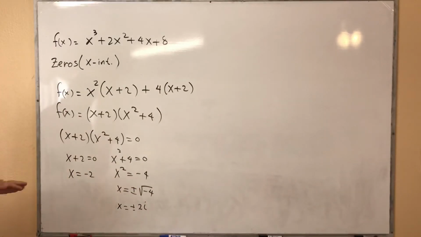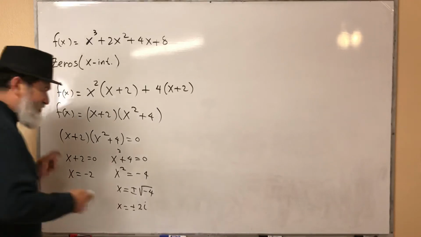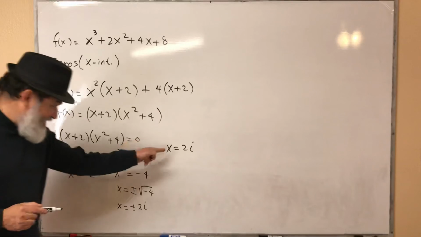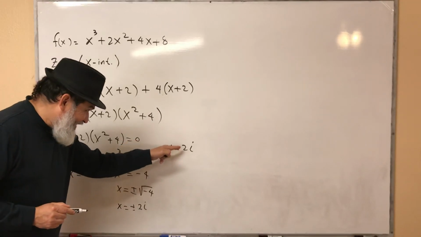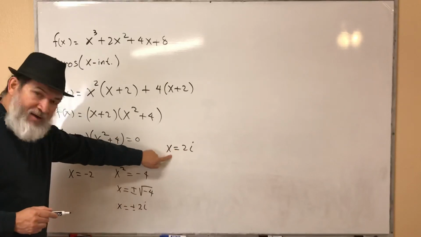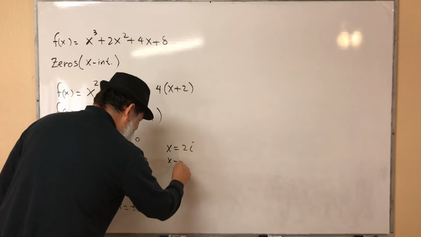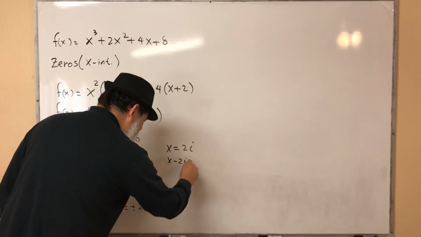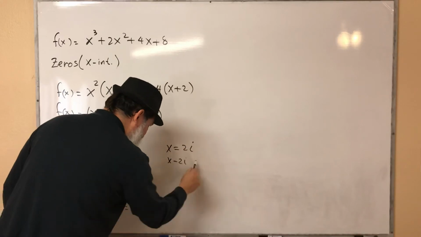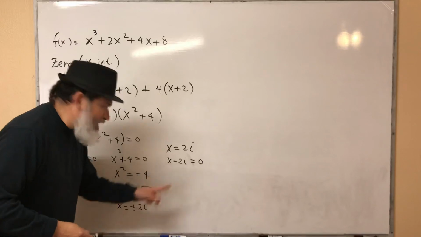All right. X equals 2i. This is a zero. If you bring it over, x minus 2i is a factor.